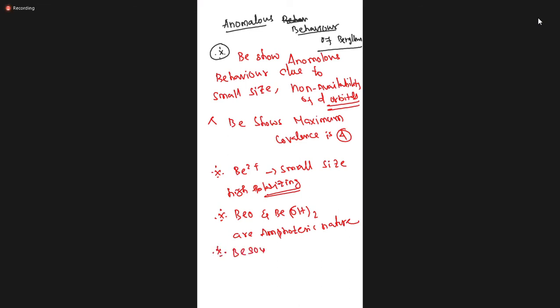Solubility of sulfate: beryllium sulfate will dissolve in water, while the rest of the sulfates are not soluble in water. So these all are the anomalous behavior of beryllium. Is this clear? These points, these reasons, are clear?